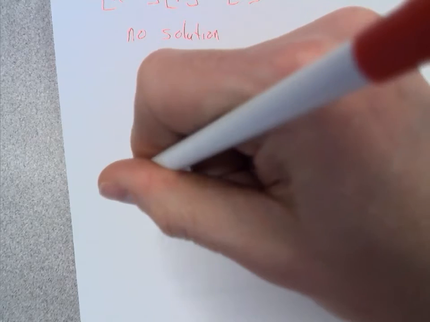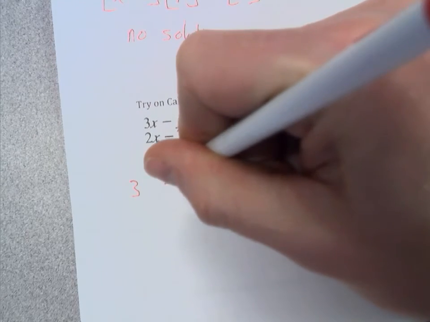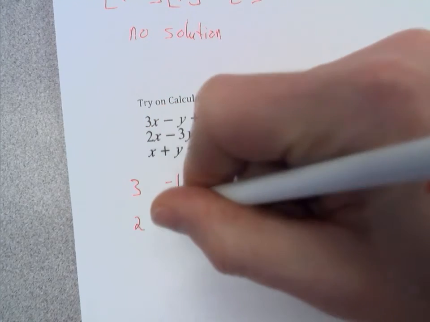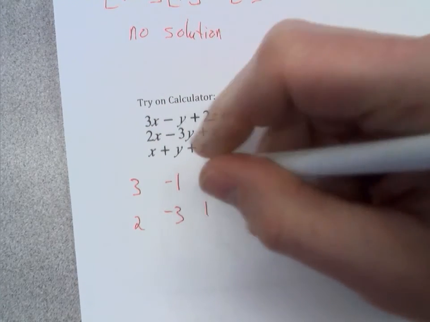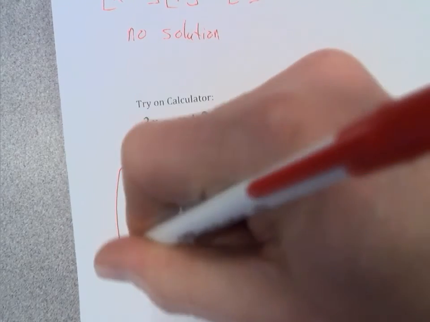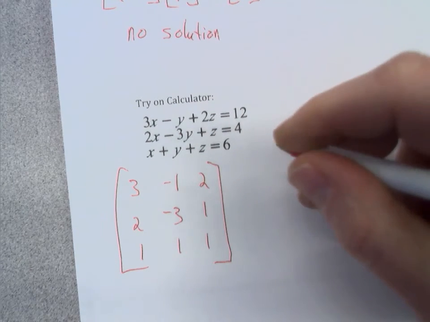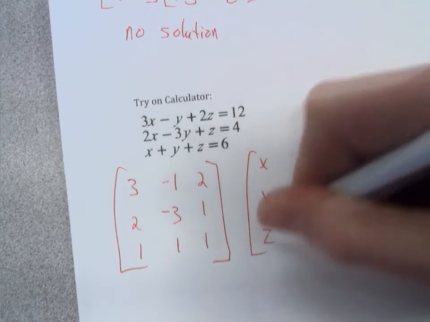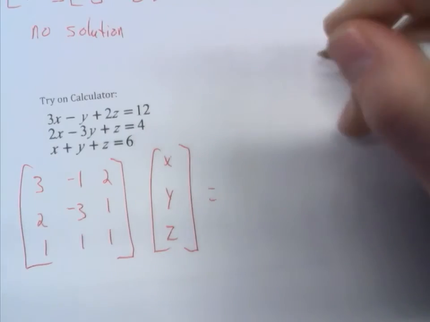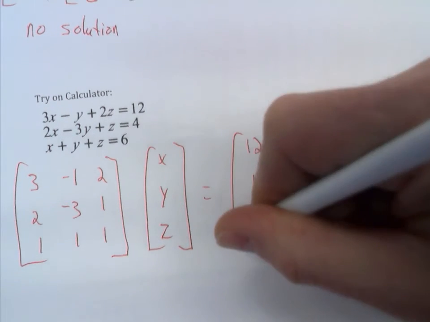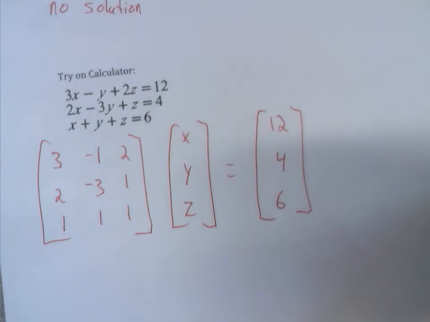So we've got 3, negative 1, 2, and then 2, negative 3, 1, and then 1, 1, 1 for all the numbers that would be in front of those variables, times x, y, and z, and that would equal 12, 4, and 6.